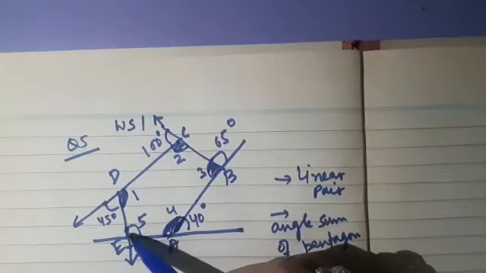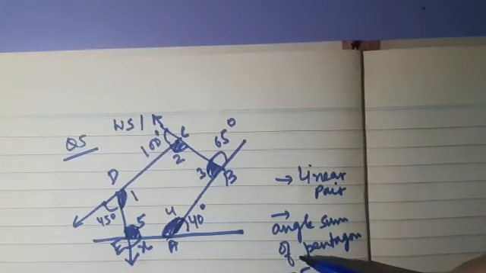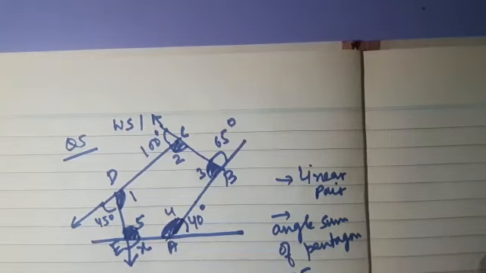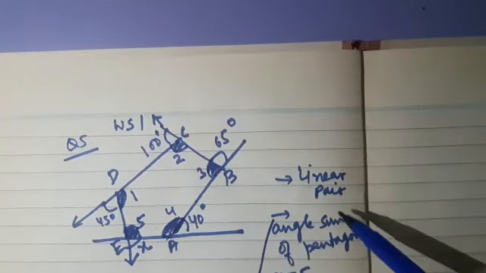Then we have found angle 5 by using the angle sum property of the pentagon, and we know that the sum of all the interior angles in the pentagon is 540 degrees. So subtract angle 1 plus 2 plus 3 plus 4 from 540, then you get angle 5, and then x plus angle 5 is making a linear pair. We have got the value of x.